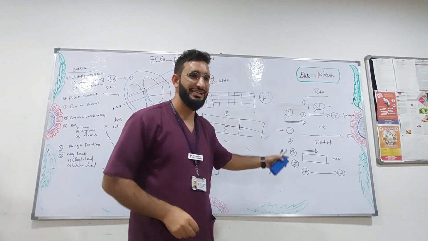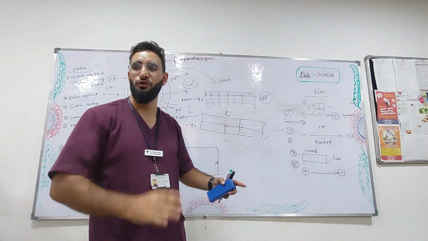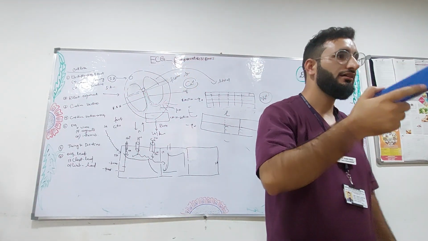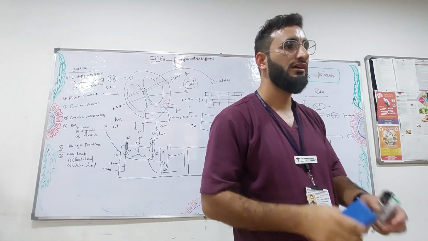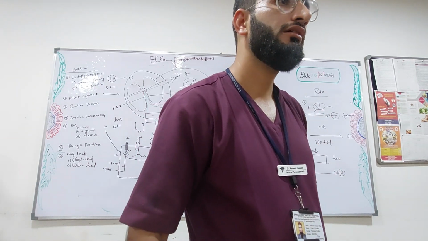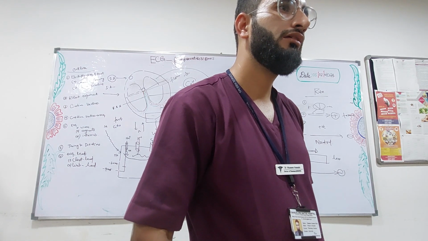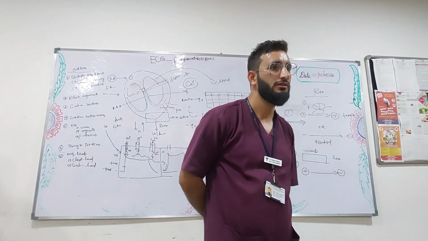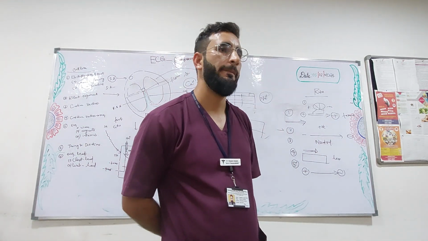See, when you understand this, I guarantee you will understand the ECG. Tell me, Rajesh. When the positively charged ions are moving towards the positive terminal, then the deflection is positive. When the negative charges are moving towards the negative terminal, the deflection is positive.